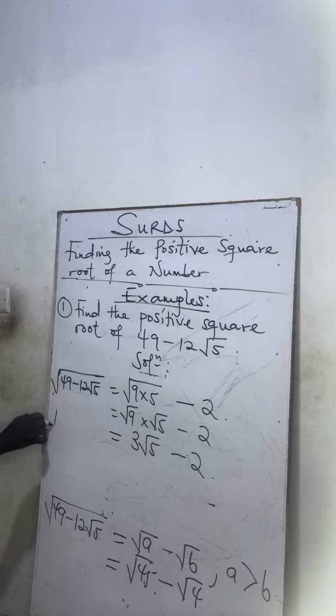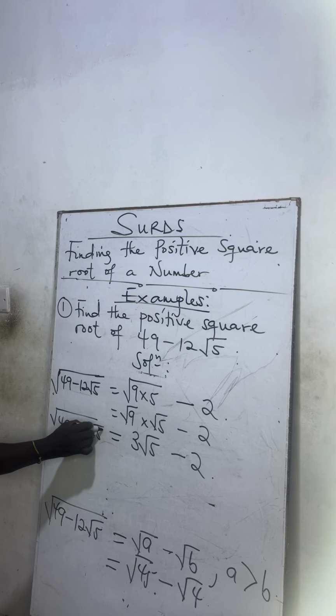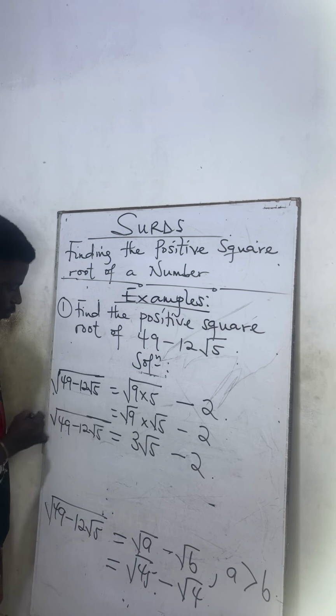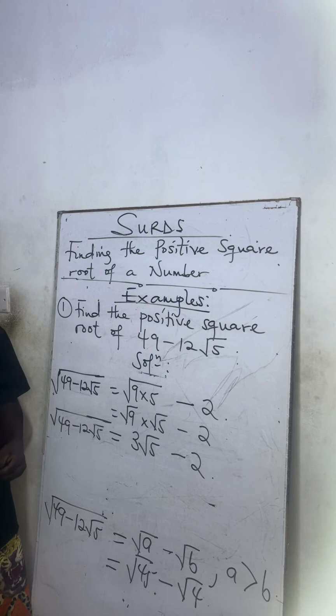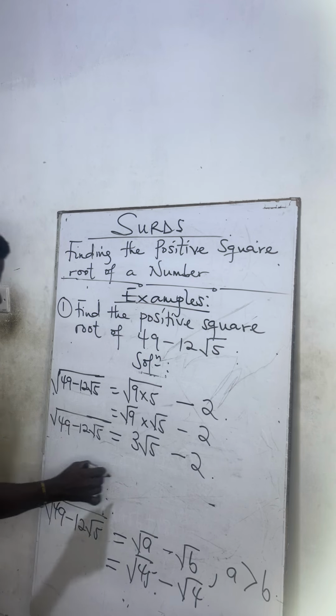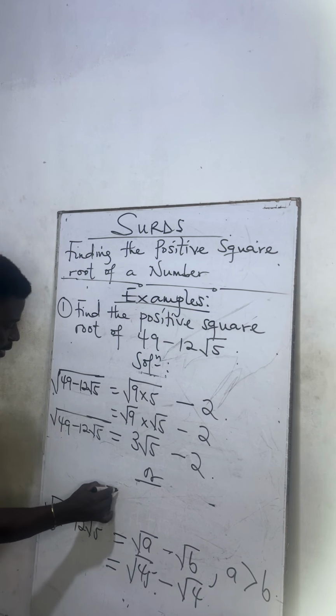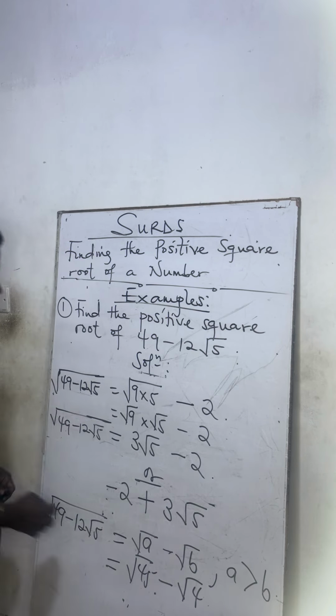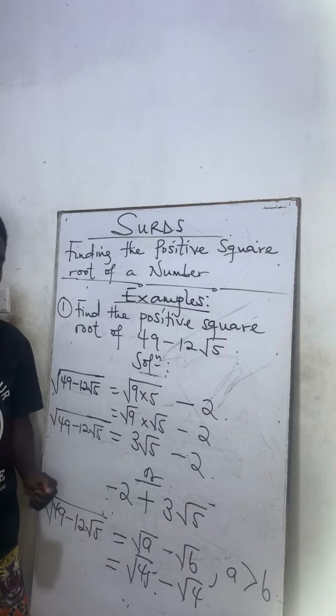So the positive square root of 49 minus 12 square root of 5 is just equal to what? 3 square root of 5 minus 2. Or better still, we can write it as negative 2 plus 3 square root of 5.